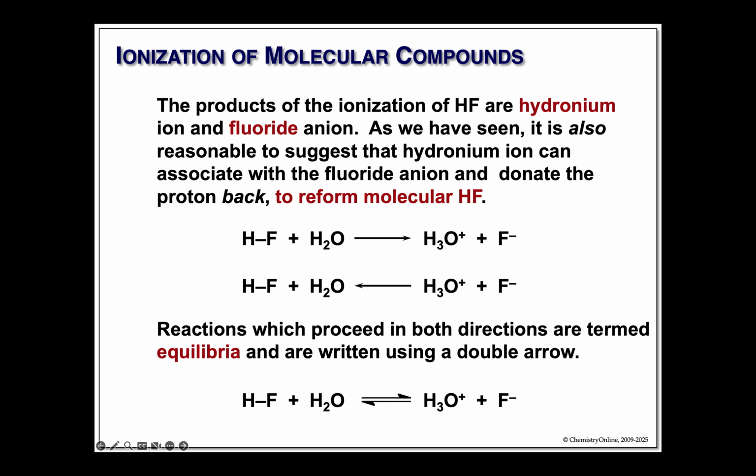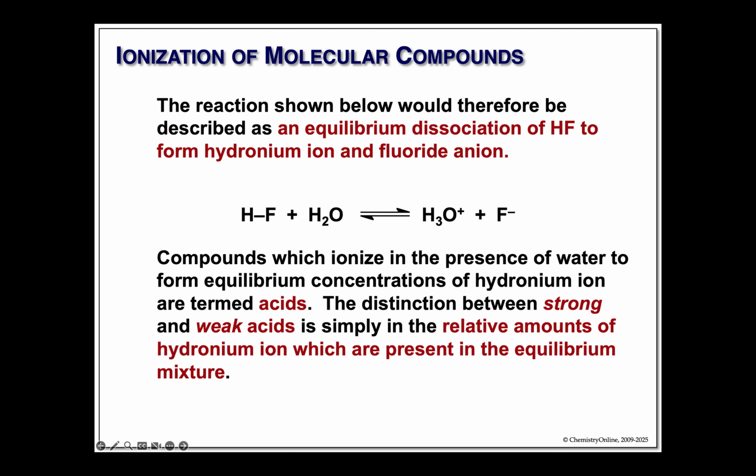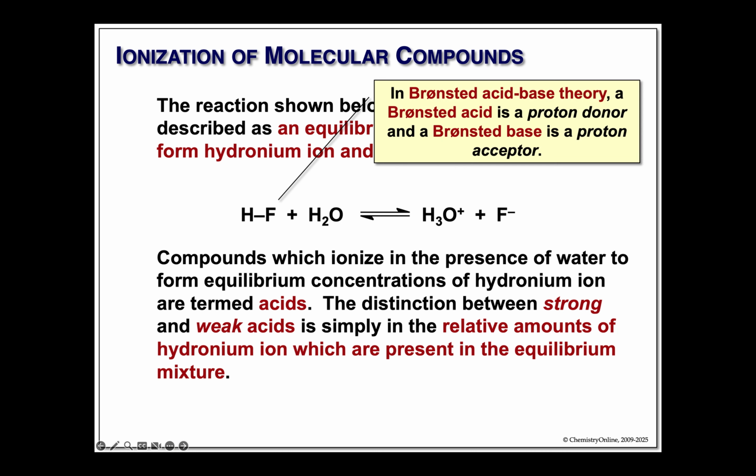Now, things that dissolve in water and form hydronium ion are termed acids. So, in our discussion of acids, we are going to discuss two types, strong acids and weak acids.